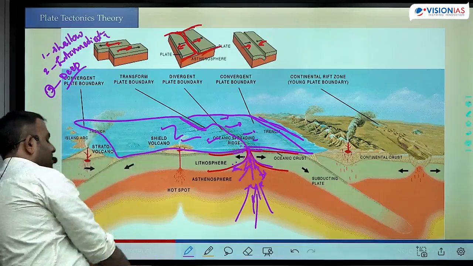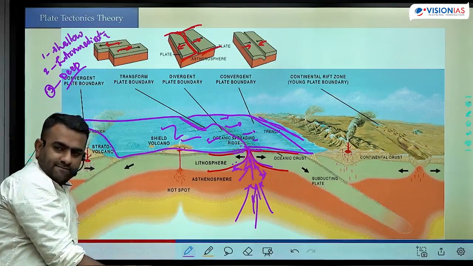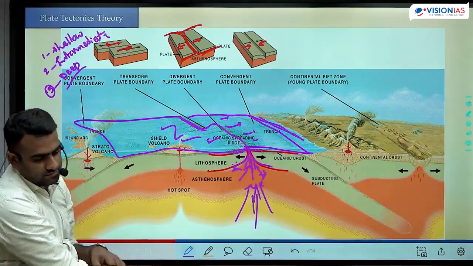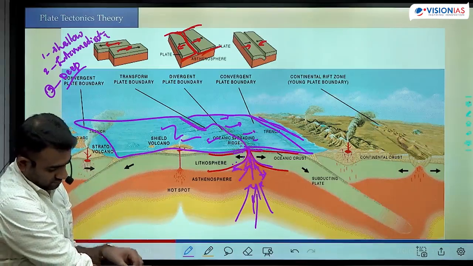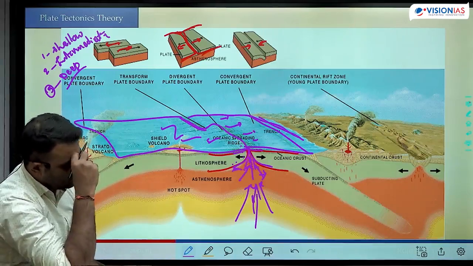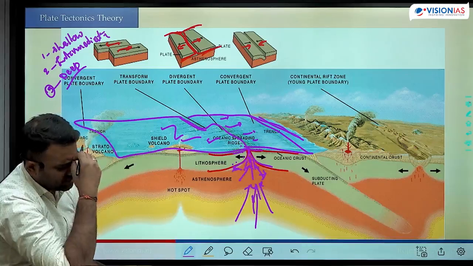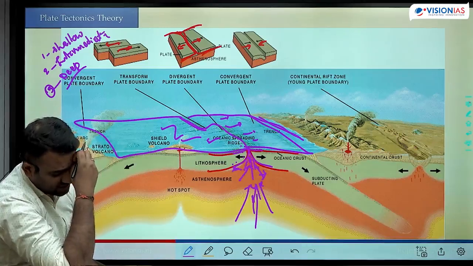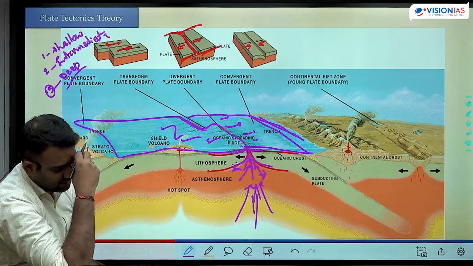Near a divergent plate boundary, there are only shallow earthquakes. Because all the interaction is happening near to the surface only. If there is subduction, there is pressing down, then there are chances of deeper ones.